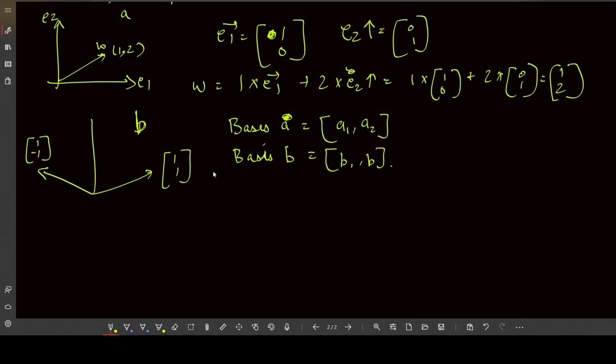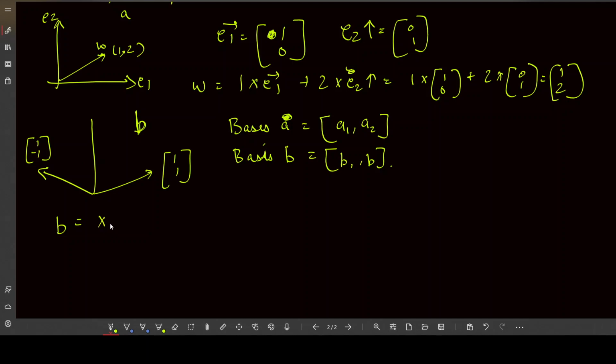Now to translate this vector into this matrix world of these bases, I can write B1 as a linear combination of some constants times the bases in the A world.